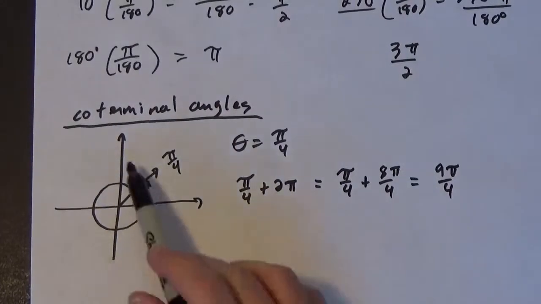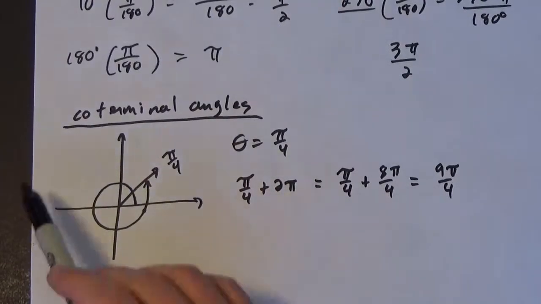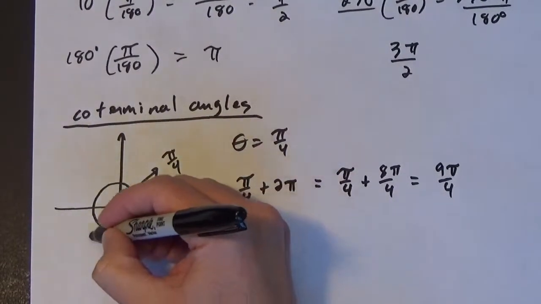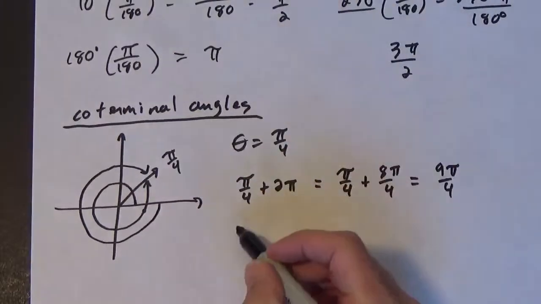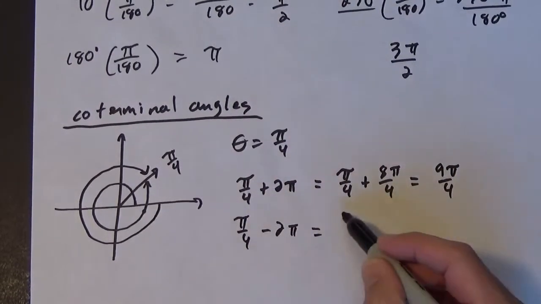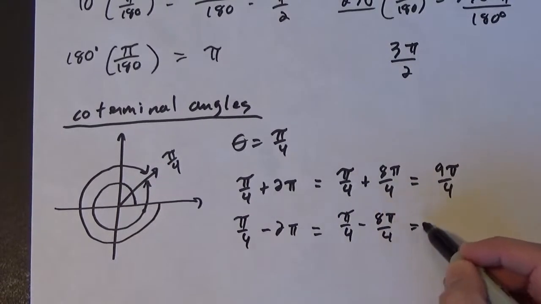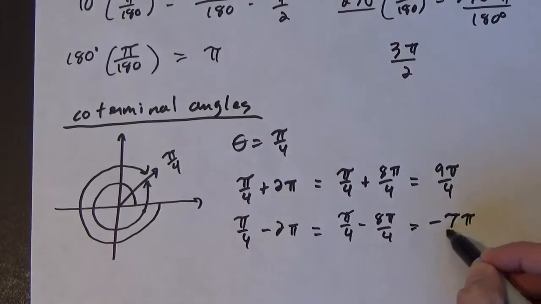Now, of course, we can keep on doing that. We can add another 2 pi and another 2 pi. Or we can go in the opposite direction. We can start here and go this way. So that would be pi over 4 minus 2 pi. So that's pi over 4 minus 8 pi over 4, which is negative 7 pi over 4.